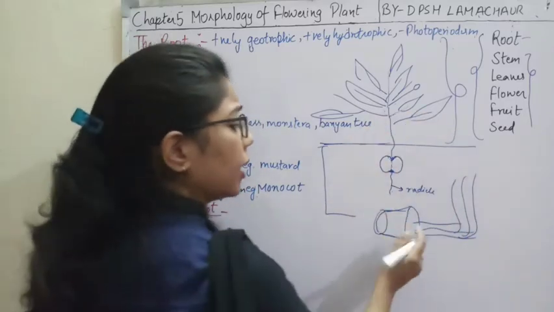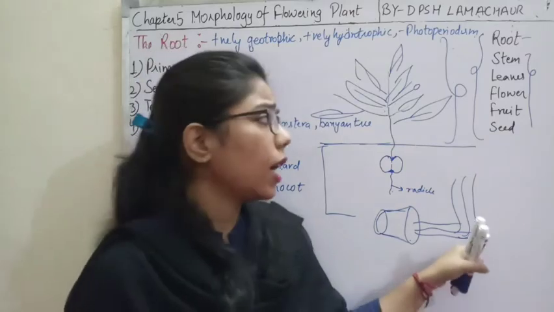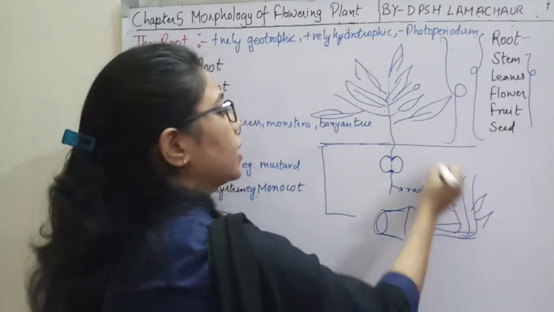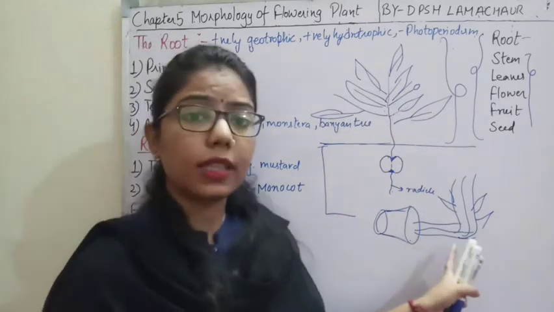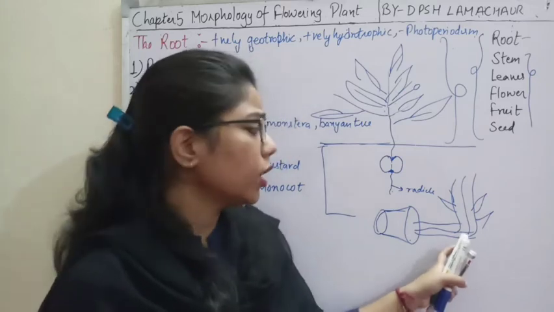This is why the stem always moves upwards: because it grows against gravity, and this is known as negative geotropism.